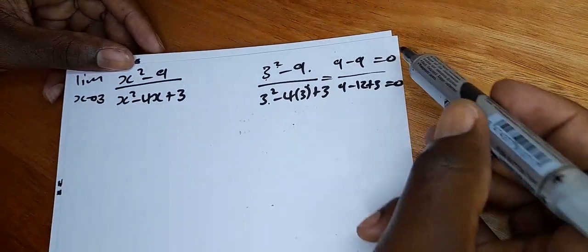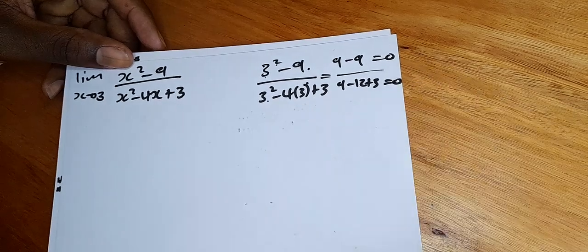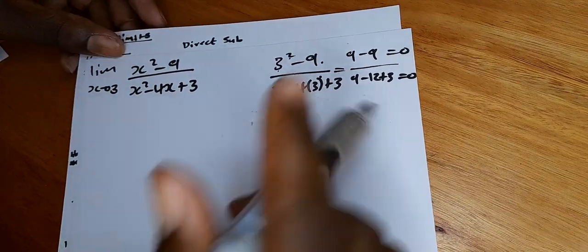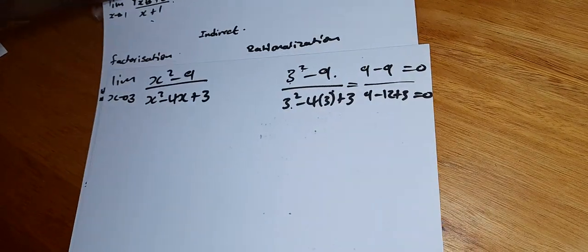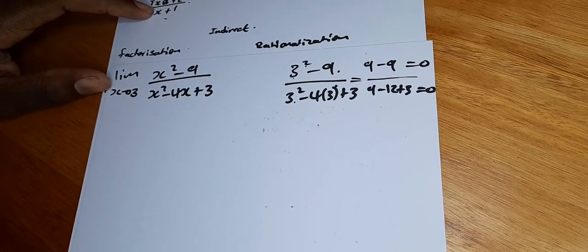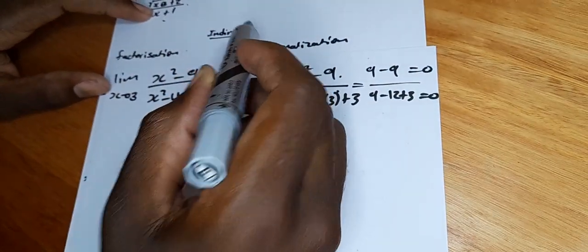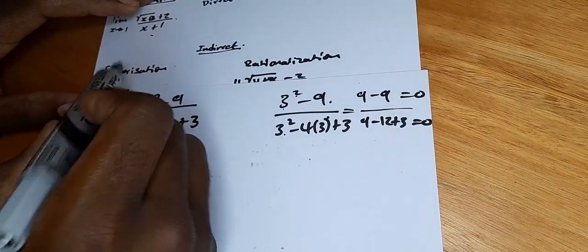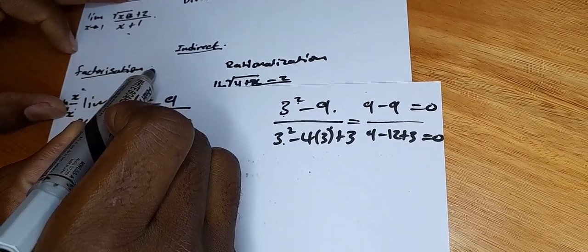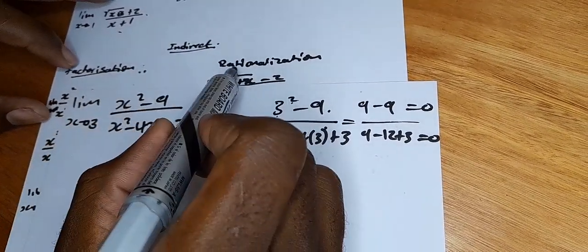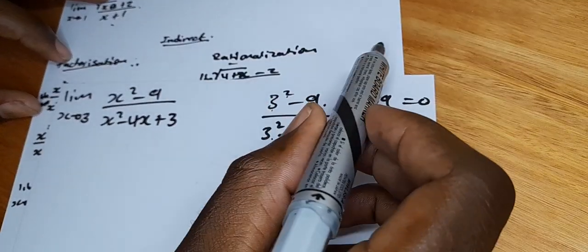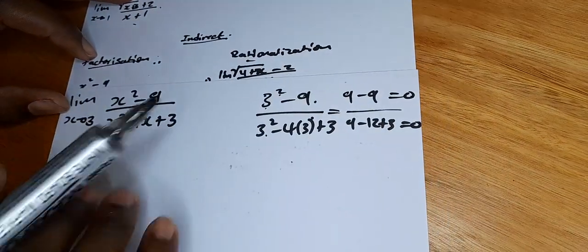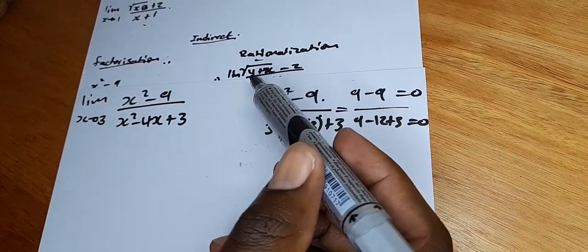If you have 0 over 0, that means this one needs indirect substitution. In indirect substitution, we have two methods: the factorization method and the rationalization method. How can you see that this one is a factorization method?